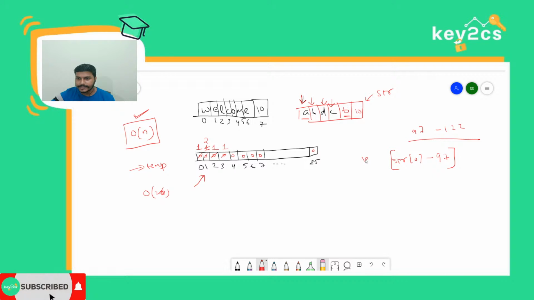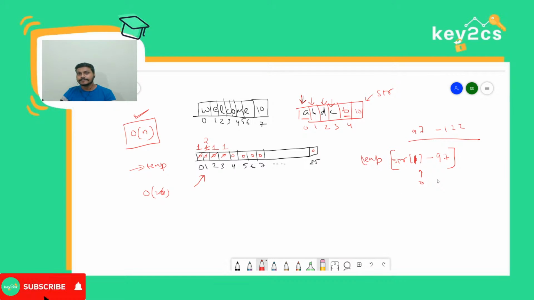And temp is an array and this value is 0, so temp of 0. Next, let's say str of 1. What is str of 1? str of 1 is b minus 97.